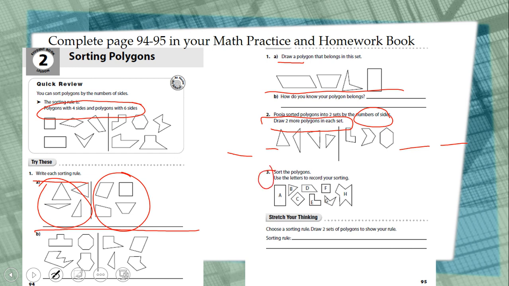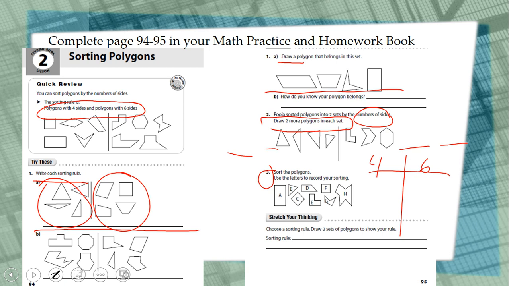Finally, number 3, you're going to sort them, okay? So remember how we sort them. We count the sides first, and then we write the rule. But for 3, you don't need to write the rule. You're just going to make a little line here, and you are going to have maybe something that says 4 sides, and, I don't know, maybe 6 sides.